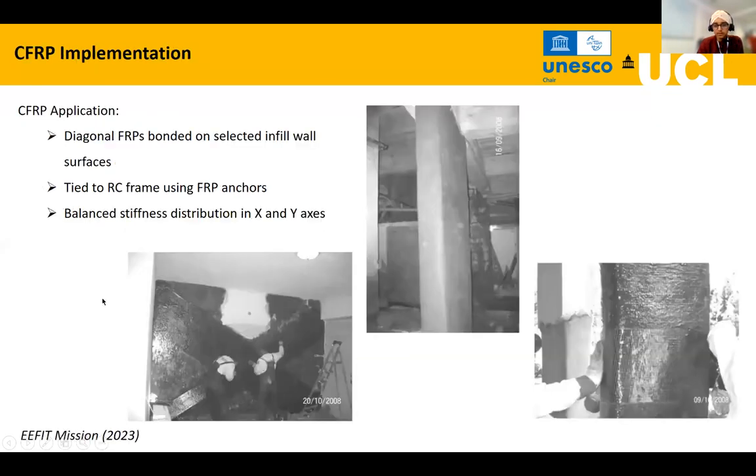So in this particular building, the A2 block, this was applied on the infill walls within the RC frames, as I mentioned. And they also found that several columns in the basement were corroded, and these columns had to be retrofitted, and they were given a coating of CFRP.